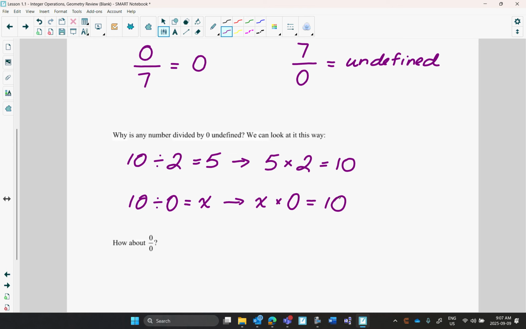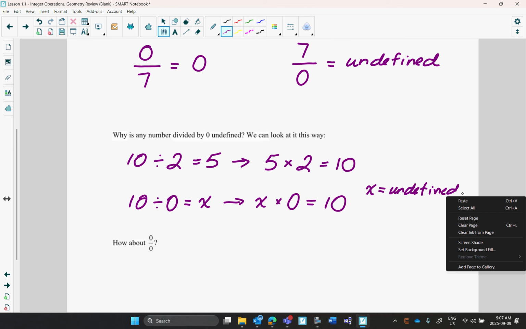There is no such number. So we simply say it's undefined. There is none. Right beside Julia, there's something on the board there: friends don't let friends divide by 0.